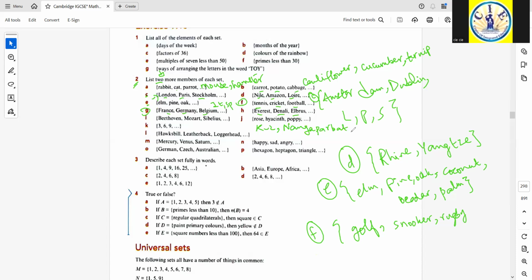We can have the mountain of Ohud, etc. Similarly, Beethoven, Mozart, Sibelius, we can include two more of its kind.